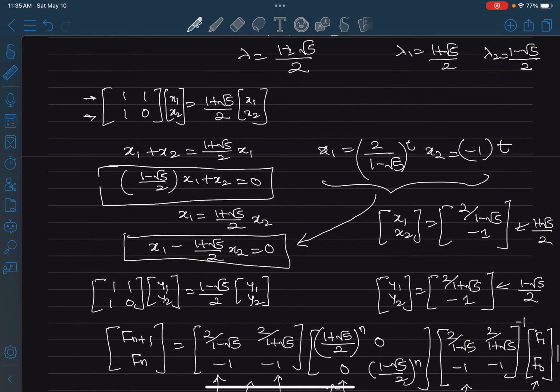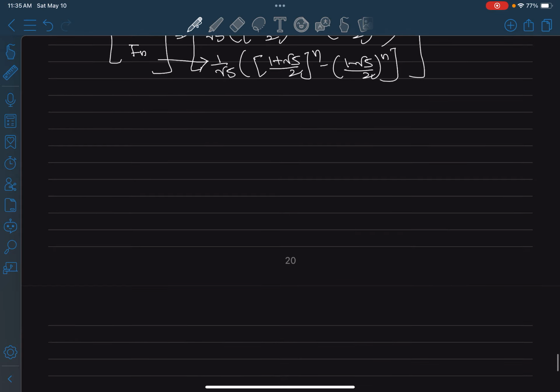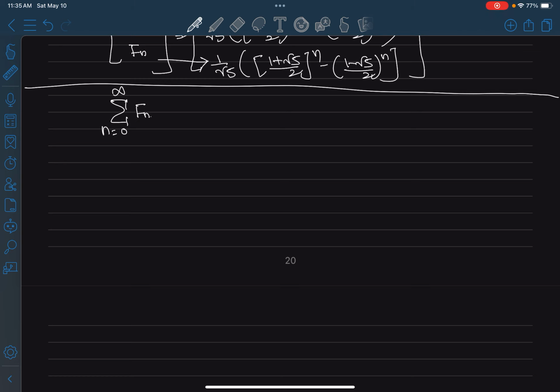So let's see how we can find the formula using generating function. First of all, our goal is to be able to evaluate this sum, from 0 to infinity of fn x to the power n. If we have this generating function, later on we can try to find fn. So how do we find this?